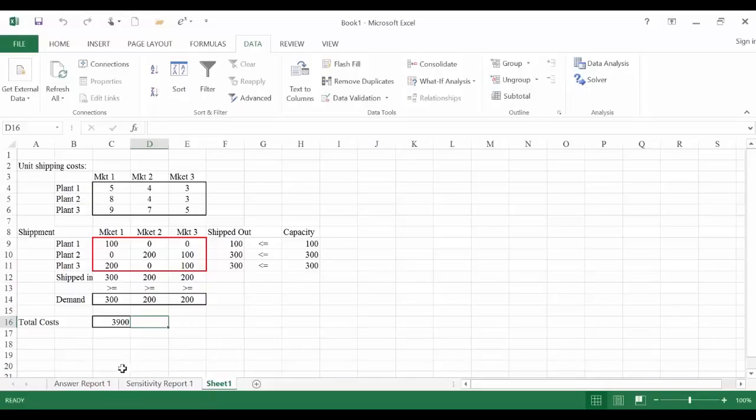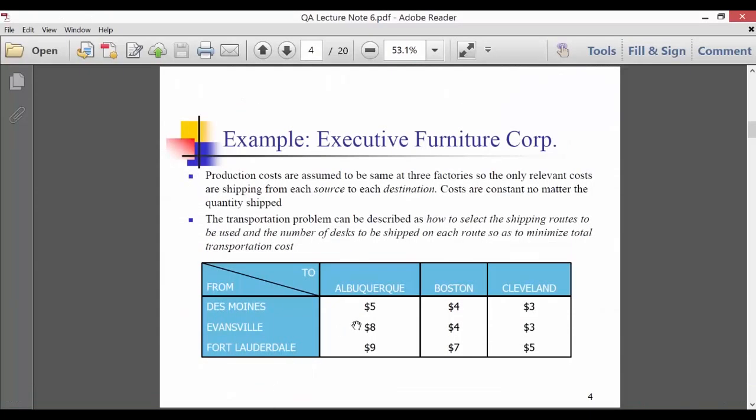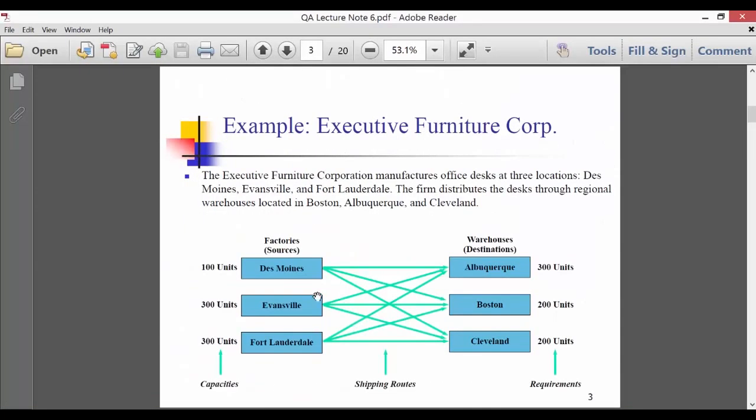And another kind of expansion of our transportation model is what we call the transshipment model, in which case we are not shipping our products directly from our manufacturing sites to the market.